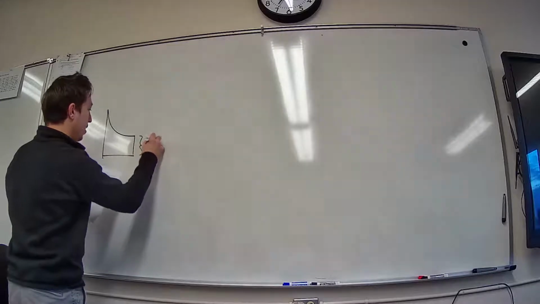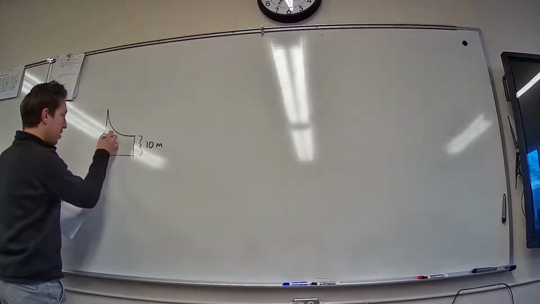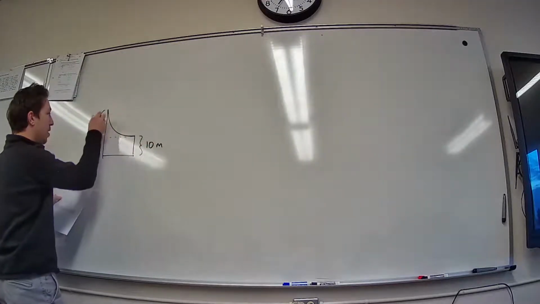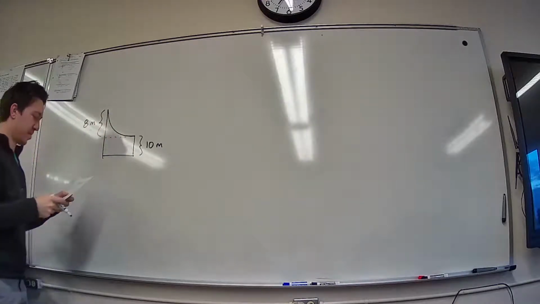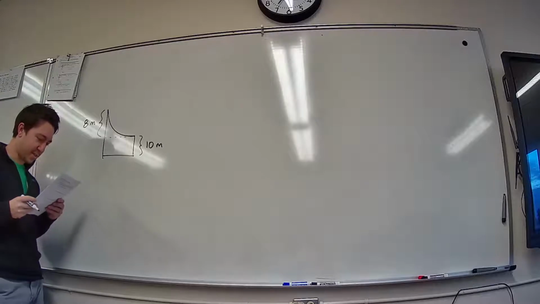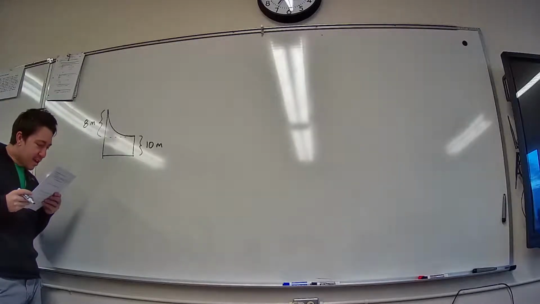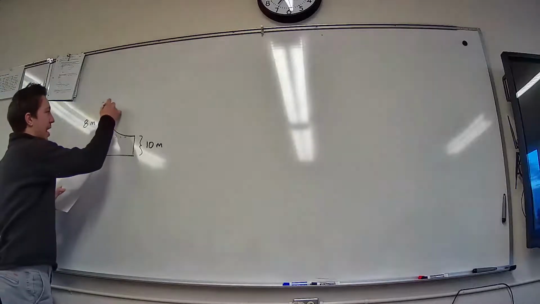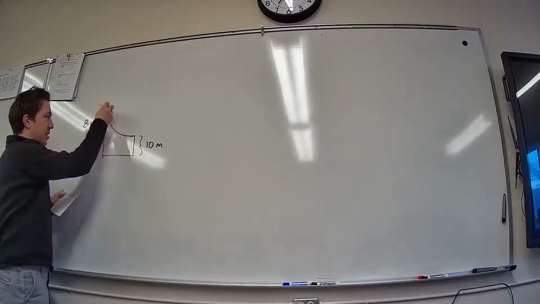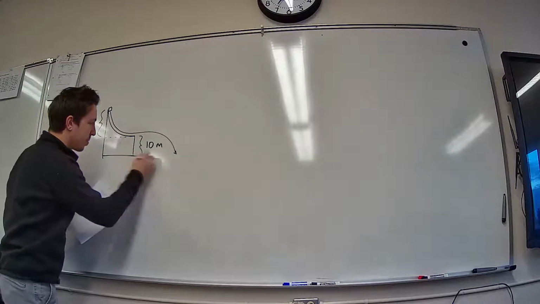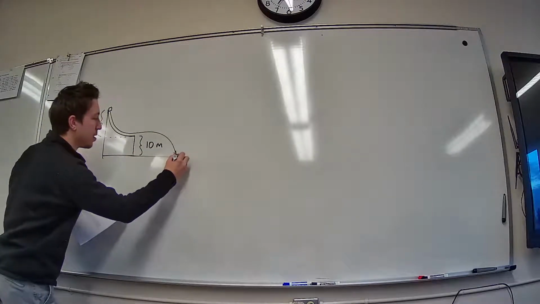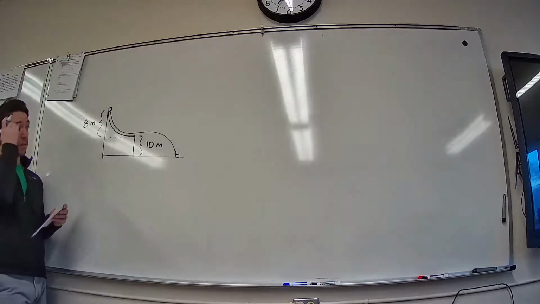This is 10 meters. I didn't really draw it to scale. Sorry. Close enough for government purposes. And then it's kind of what you think is going to happen. It's going to slide down the ramp, and then it's going to fly off the ramp and land over here. Everyone okay with that?